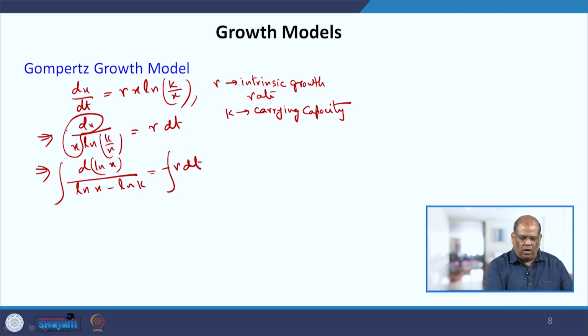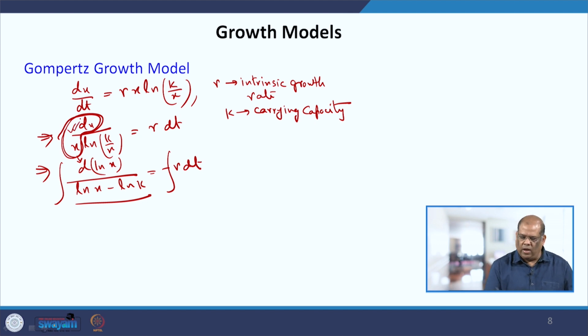Okay, if you are not familiar with this equal to this, you can keep this whole x like this and then substitute this equal to z. You are going to get the same thing. Or otherwise, d of ln x is just you write the differential of this, that is 1 by x dx. So, you get this part.